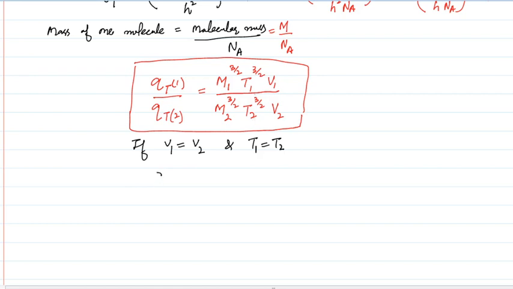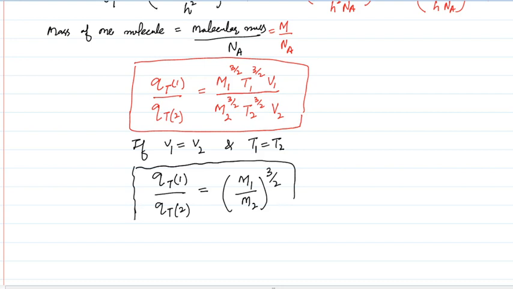That means we can simply write the translational partition function 1 over second will be equal to basically the ratio of molecular masses whole raised power 3 by 2. This is a very important relation.